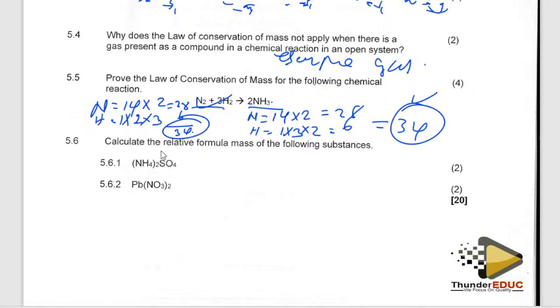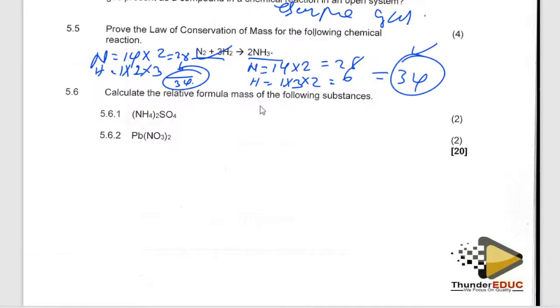Then lastly, but not the least, calculate the relative formula mass of the following substances. You have to check the periodic table. Nitrogen, all these things you have to check from the periodic table. So nitrogen is 14, and how many nitrogens do I have?